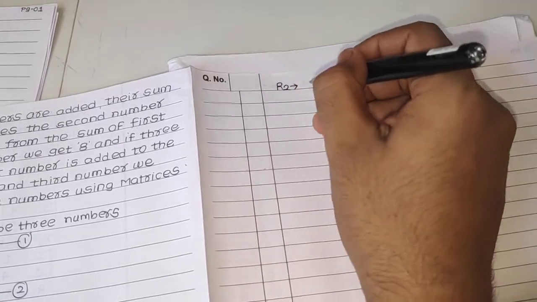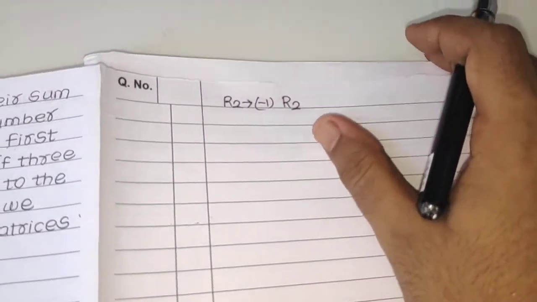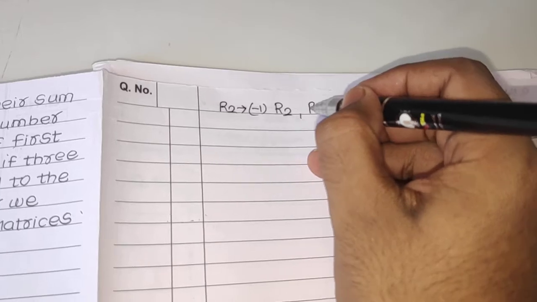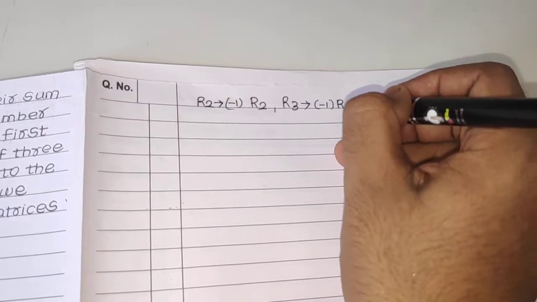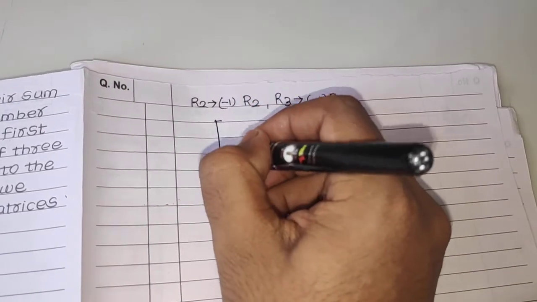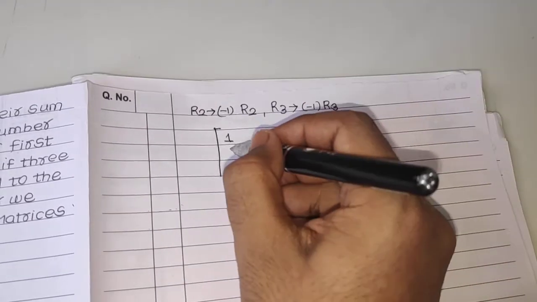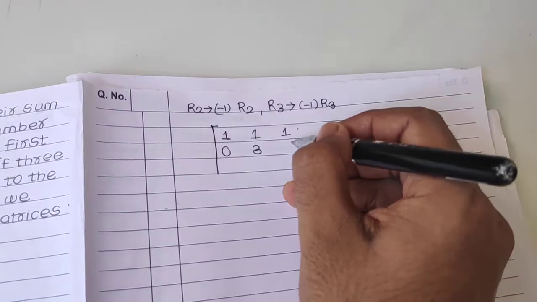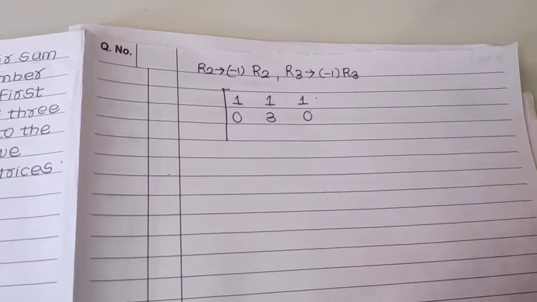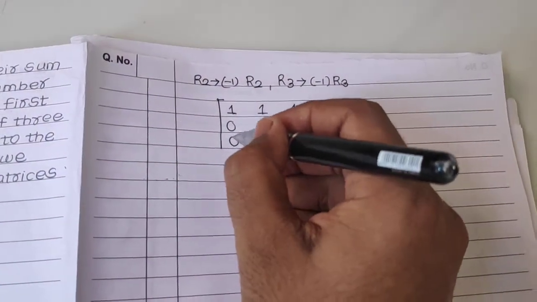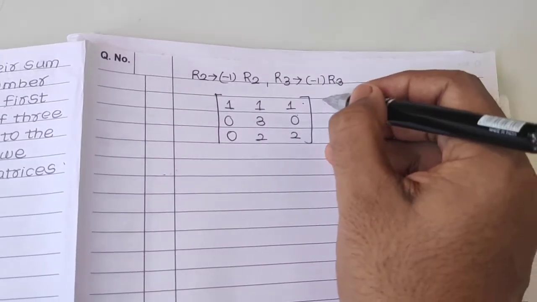R2 changes to minus 1 times R2 and R3 changes to minus 1 times R3. We get this as 1 1 1, 0 3 0, 0 2 2.